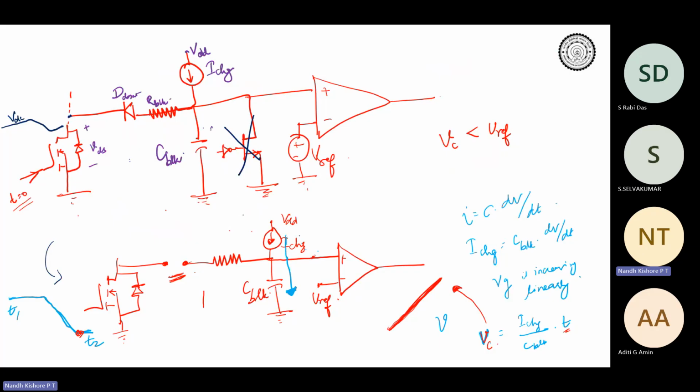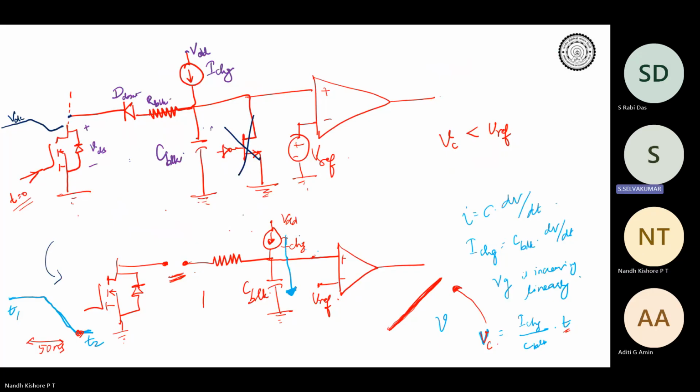However, you have to wait for the voltage to fall, and that takes some amount of time. The voltage fall time can be around 50 nanoseconds or 100 nanoseconds. Only after the voltage has fallen to a much lower level does the protection circuitry kick in. Do you agree?